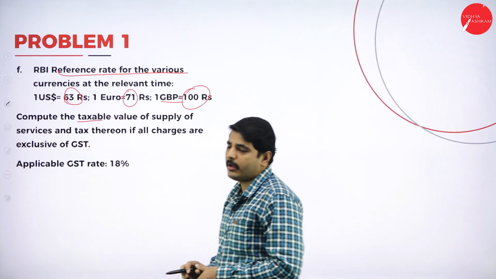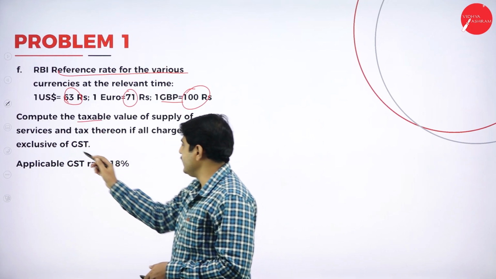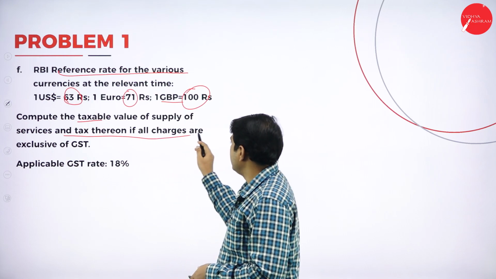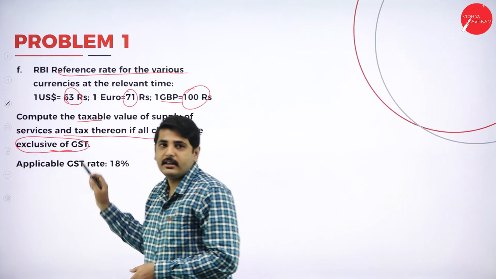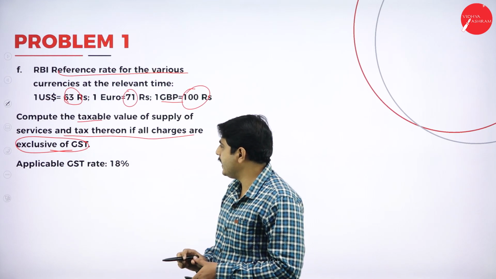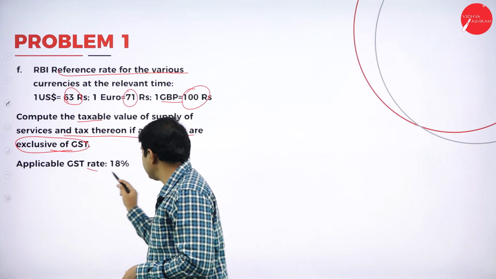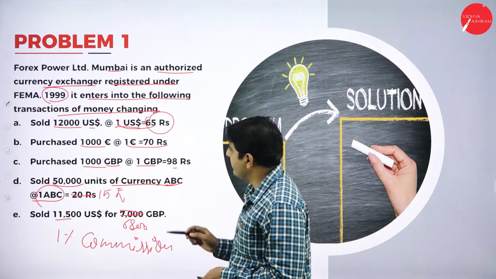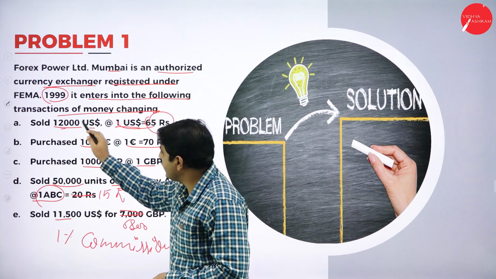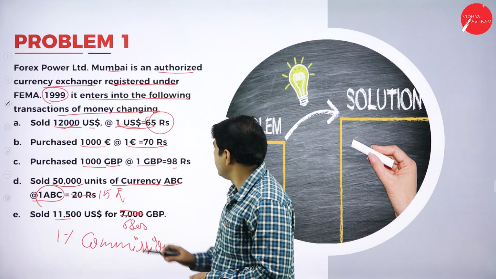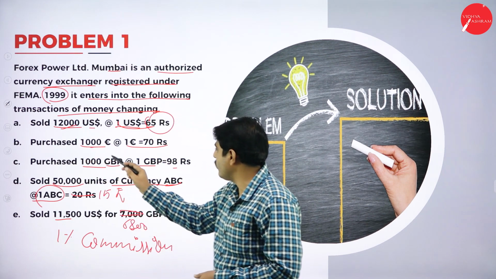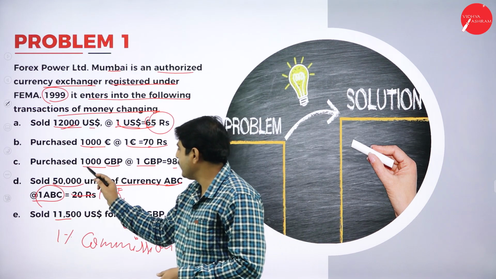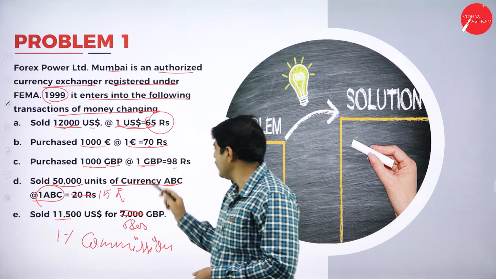Compute the taxable value of supply of service and tax thereon if all charges are exclusive of GST. See, all the transactions are exclusive of GST, and the GST rate is 18%. Once again, it is selling $12,000 at rupees 65, and it purchased 1,000 euros at rupees 70. It purchased 1,000 GBP at 98 rupees.